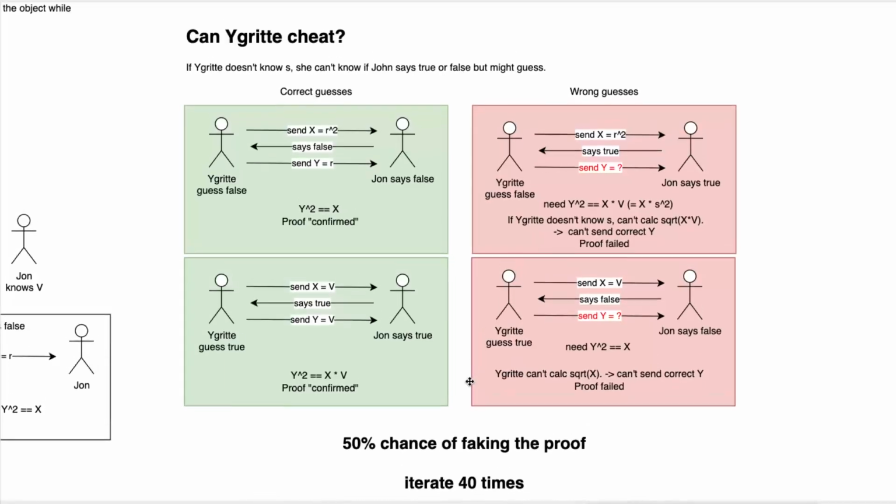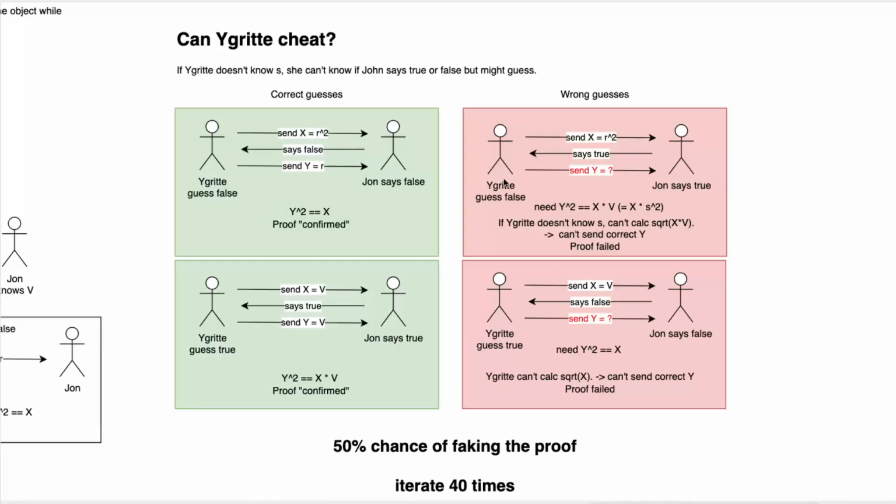But if she guesses wrongly, she guesses false, so she sends just a random number squared. He says true, and now she would need to send a y such that y squared is x times v. But x times v is x times s squared, and there is no way of calculating a square root of something.